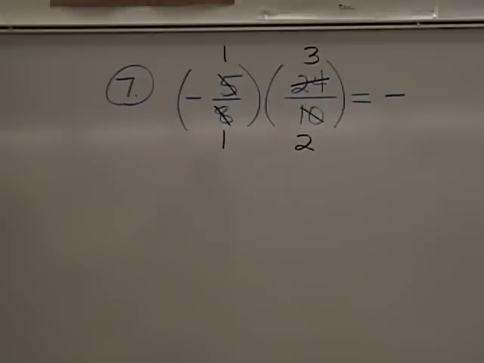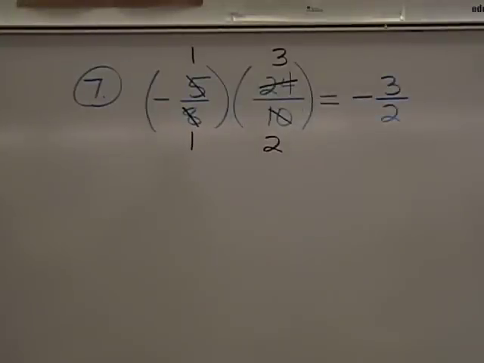So again, we can cross-cancel the 5, and what's left on top? 1 times 3. So all we have to do to get our final answer in the numerator is multiply the 1 times 3, and in the denominator, multiply 1 times 2. So let's go ahead and do that and get our final answer. As you can see, our final answer is negative 3/2.